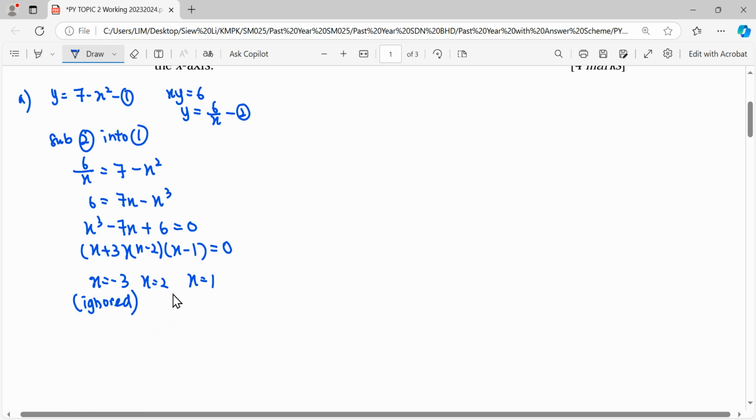So from x equals 2 and x equals 1, we're going to find out the y coordinate. So for y, substitute here, 6 over 2 is 3, then 6 over 1 is 6. Therefore, our coordinates here are (2, 3) and (1, 6).